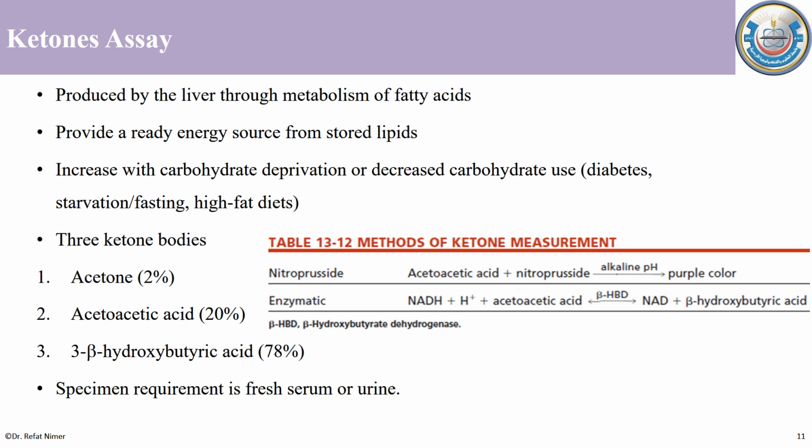The NADH form is changed to NAD, and the acetoacetic acid in the presence of this enzyme is changed to beta hydroxybutyric acid. These are the two methods of choice to detect the ketones in serum or urine.